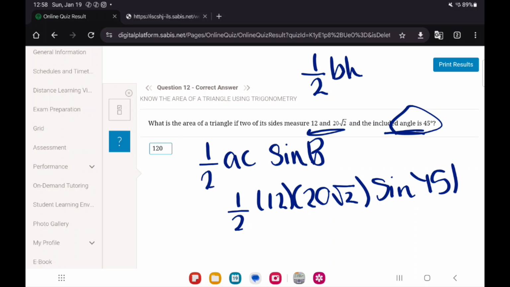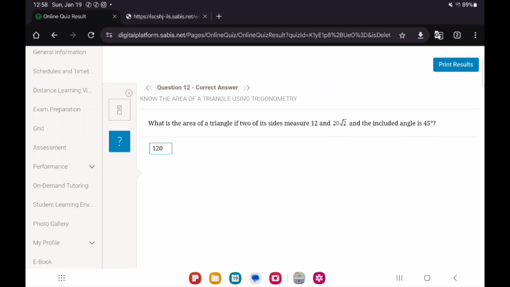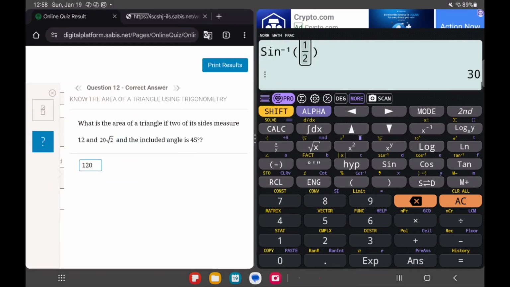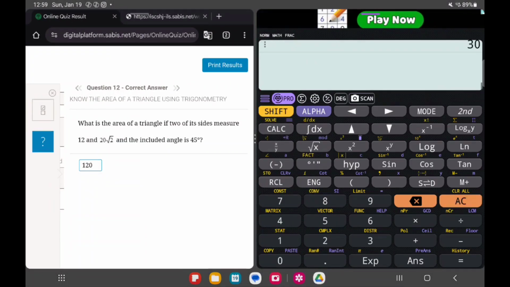45. I'll do this for you on the calculator because it might be confusing. Let me write it down beside me so I can remember. So let's do it on the calculator.